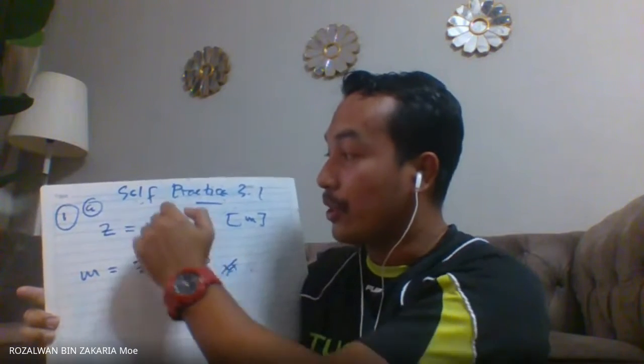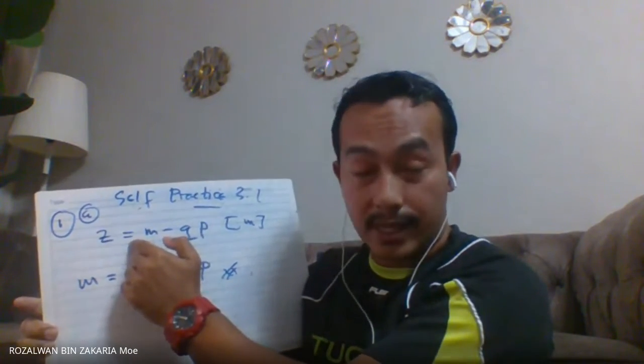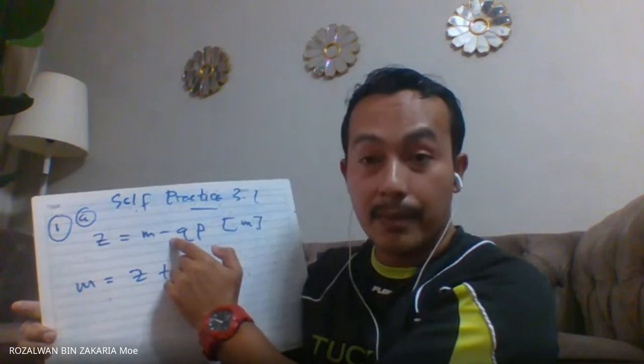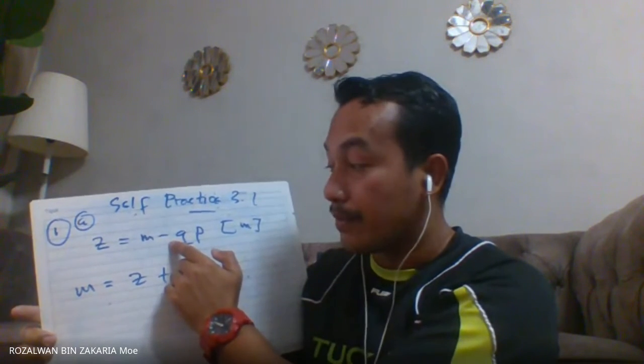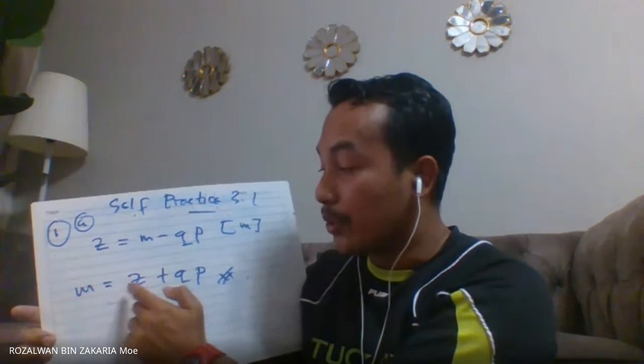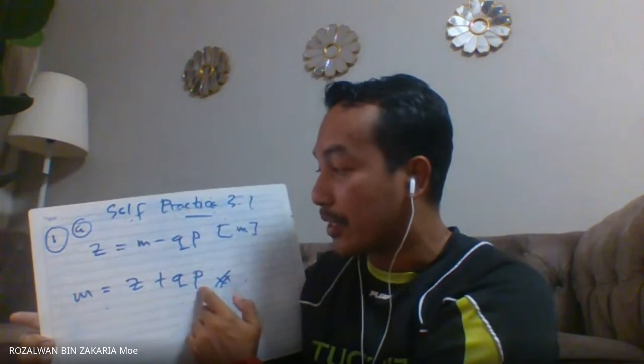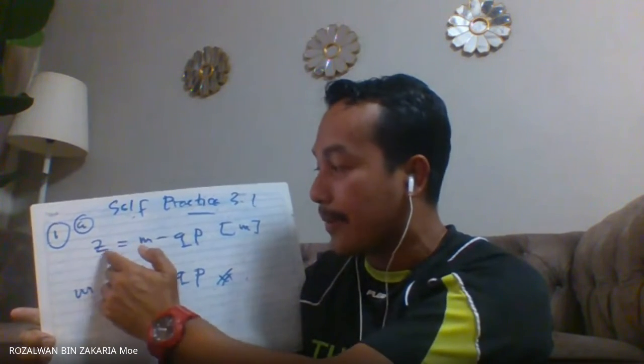When it goes to your left side, after the equal sign, minus will become positive. So that's why M equal to Z plus QP. Remember to write Z first. Z plus QP, that's the answer.